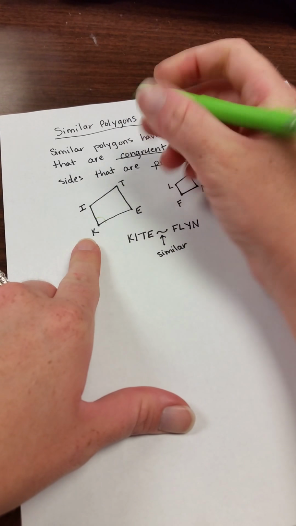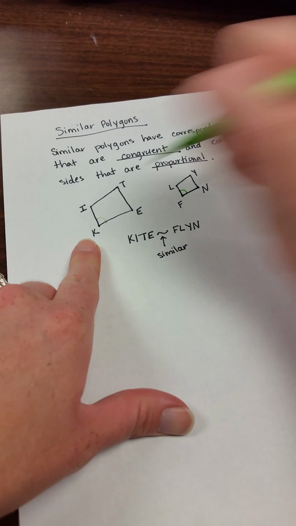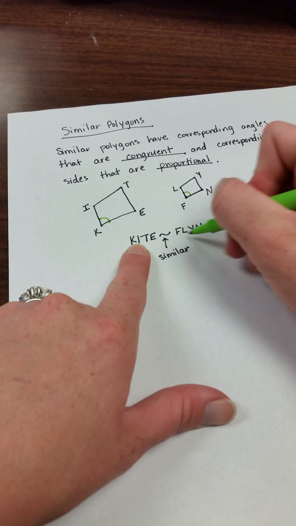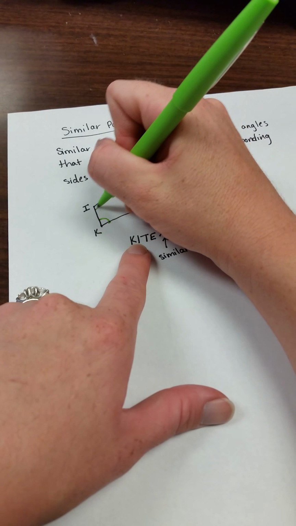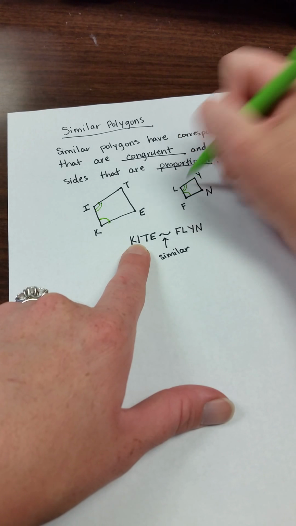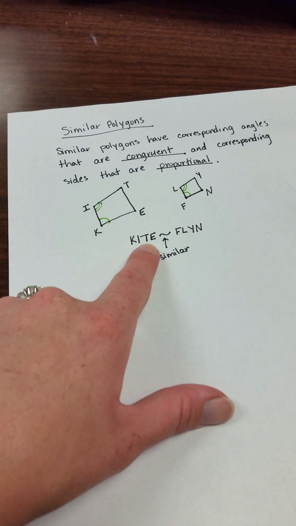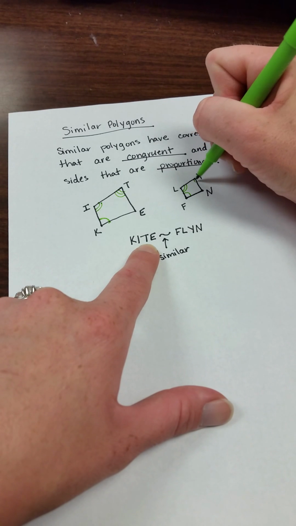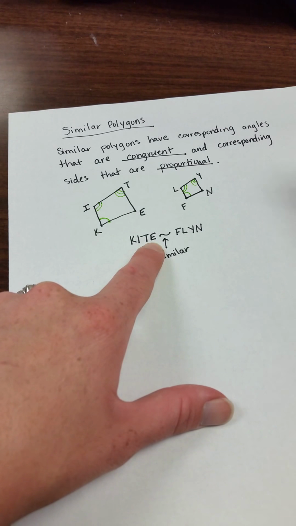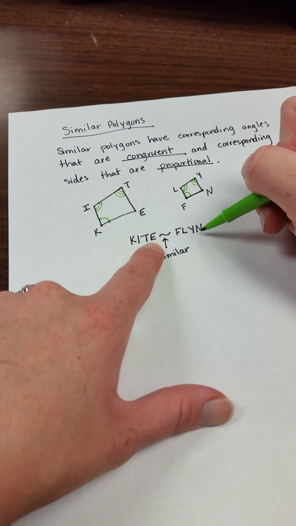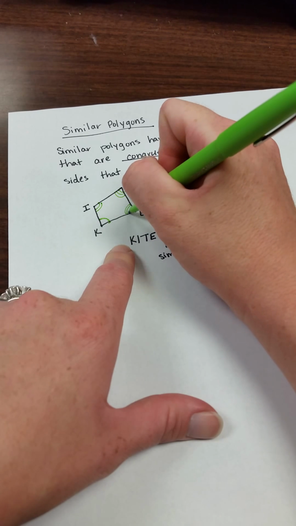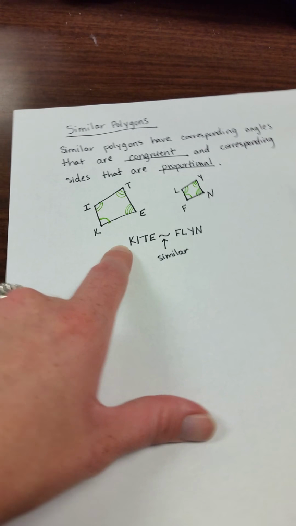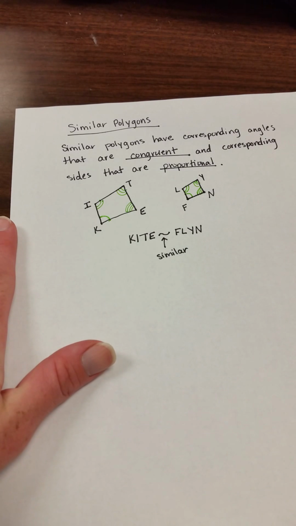That means angle K is congruent to angle F. And since I is in the same place as L in the similarity statement, that means angle I is congruent to angle L. If T is in the same place as Y, angle T is congruent to angle Y. And if E is in the same place as N, then angle E, and we're going to put 4 arcs in there, is congruent to angle N. So all their corresponding angles are congruent.